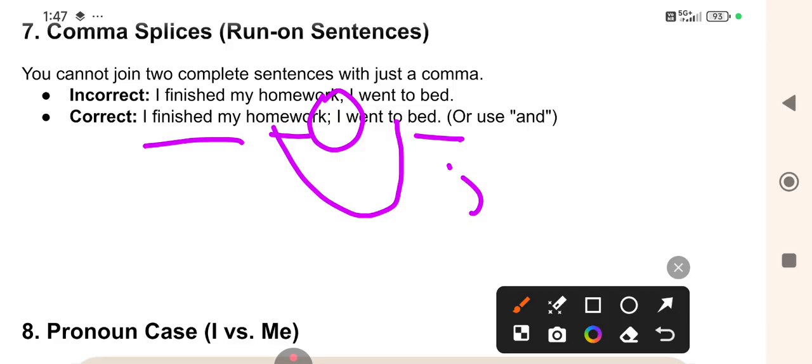But if I say I invited some relatives, comma, I made cake, that is irrelevant.